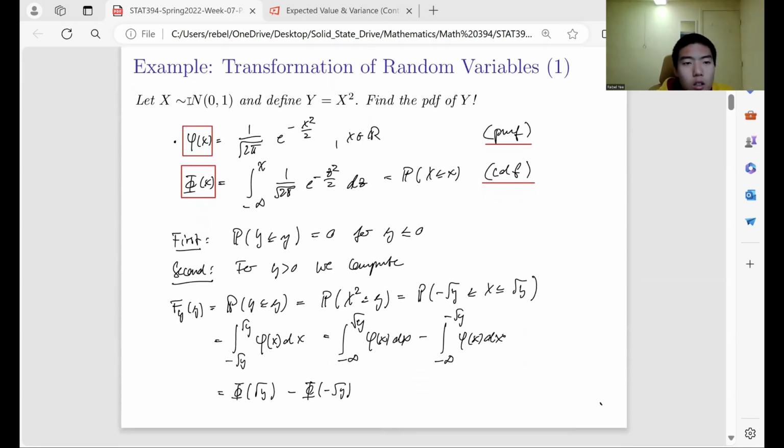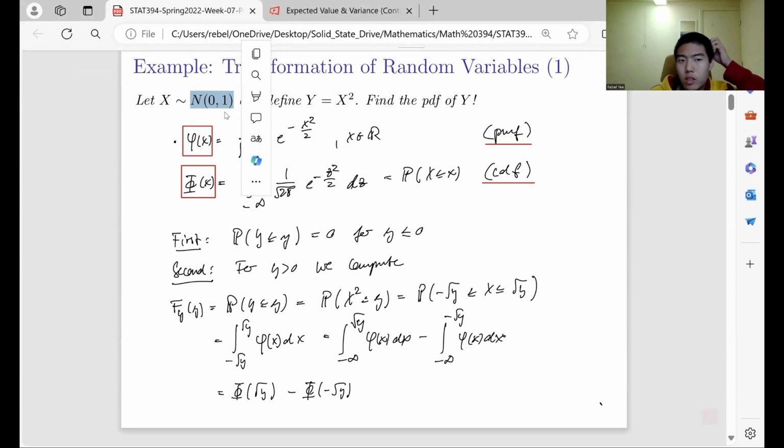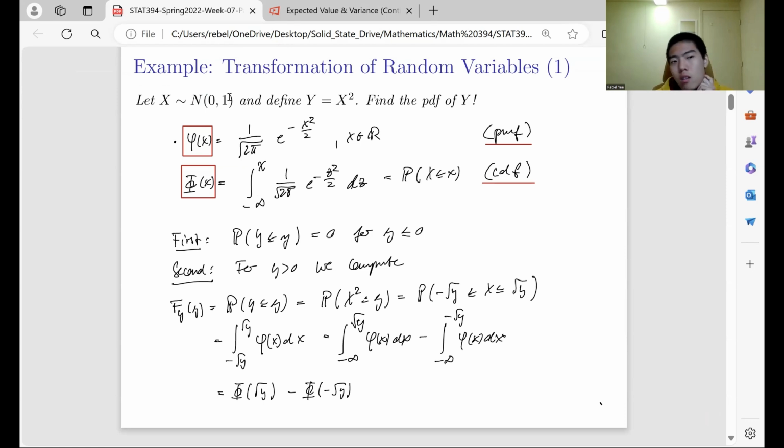So here, N(0,1) means it's a normal distribution with mean 0 and variance 1, or standard deviation 1. This is the first distribution we see, and it is a Gaussian distribution based on the shape. And Y is equal to X squared.